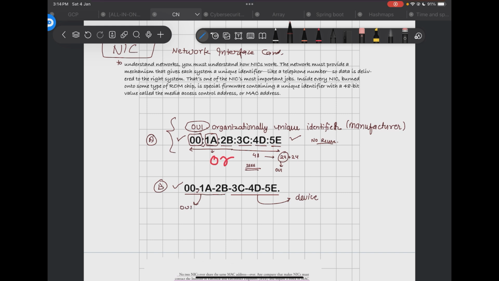It tells us what organization, what manufacturer, made the NIC. And the last 24 bits tell us about the device containing the NIC or the MAC address. Okay, clear?